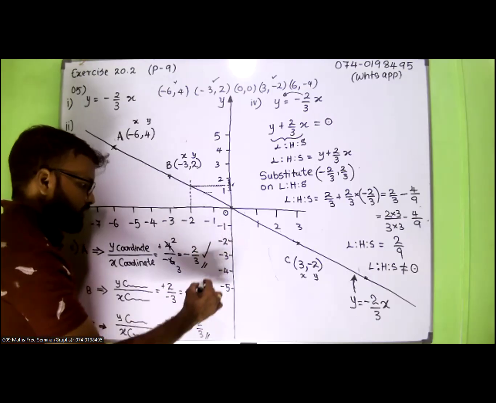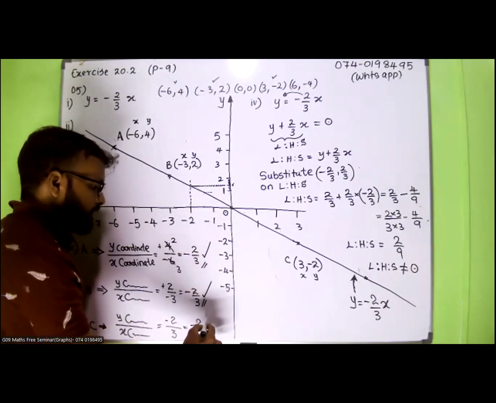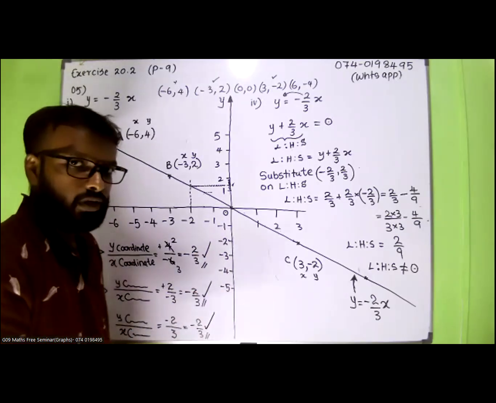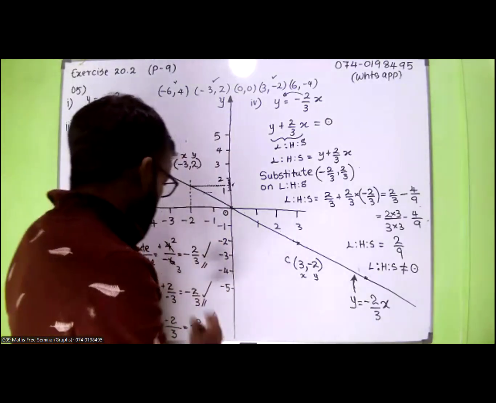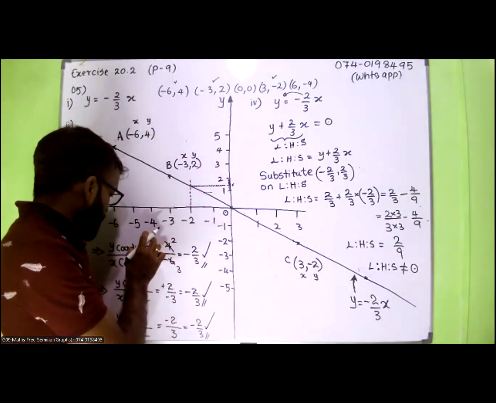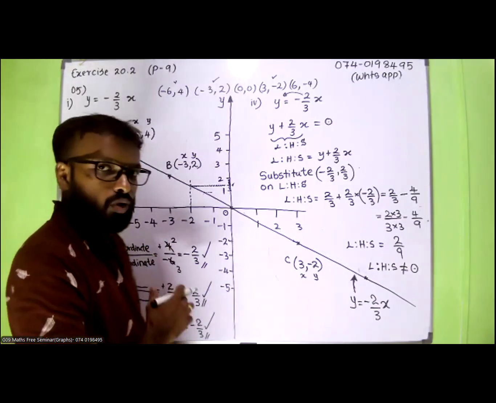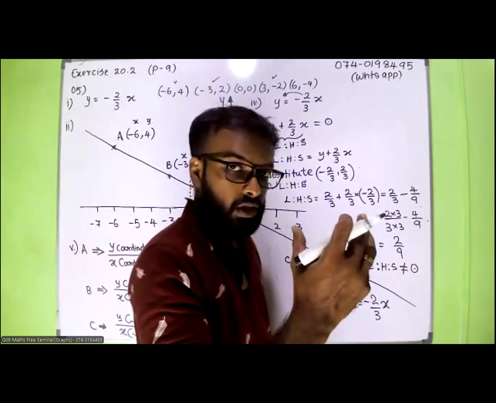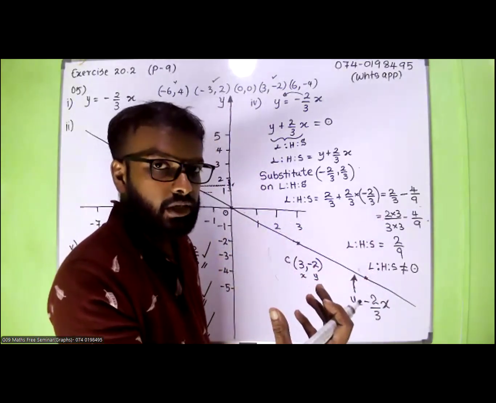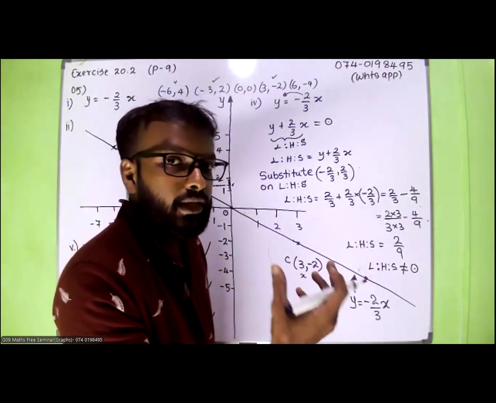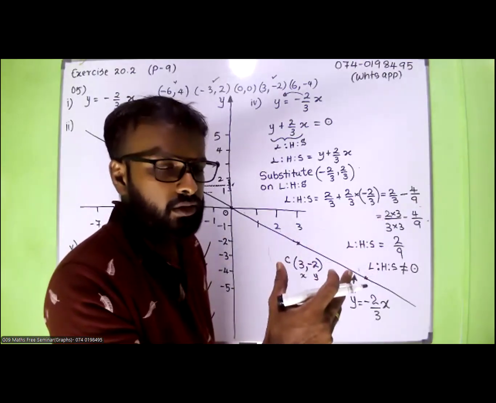Very interesting. This one is a constant, and the same constant. So the relationship is the y coordinate to x coordinate ratio is equal to minus 2 upon 3, which is a constant, and that constant is called the gradient. Shall we check?